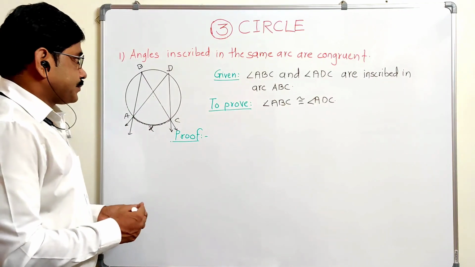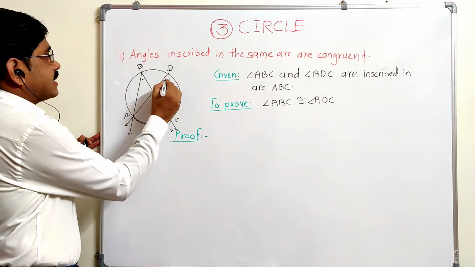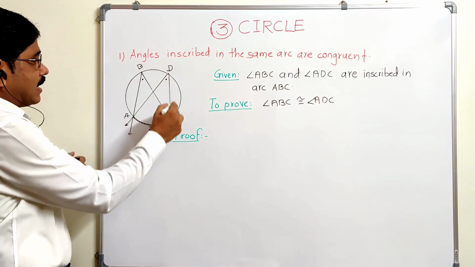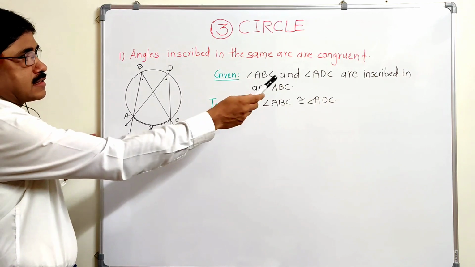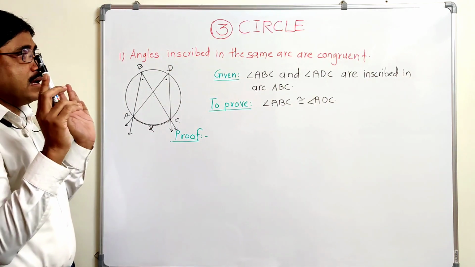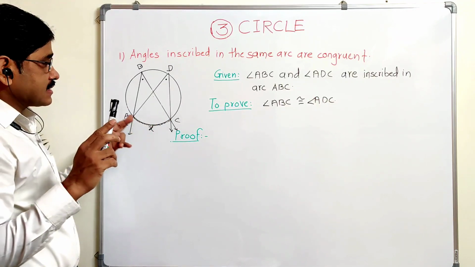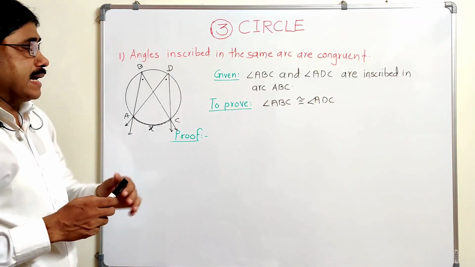So here this angle ABC and angle ADC both are inscribed in the arc ABC given. Angle ABC and ADC are inscribed in the same arc, and they intercept which arc? AXC, the shaded arc. Then what we have to prove? Both angles are congruent.